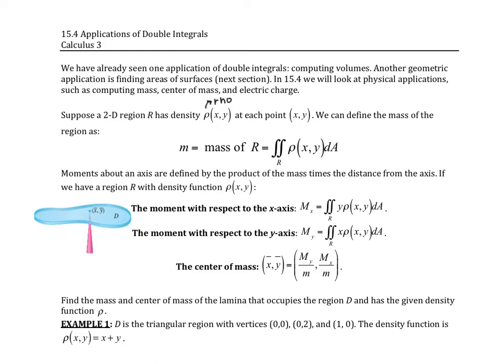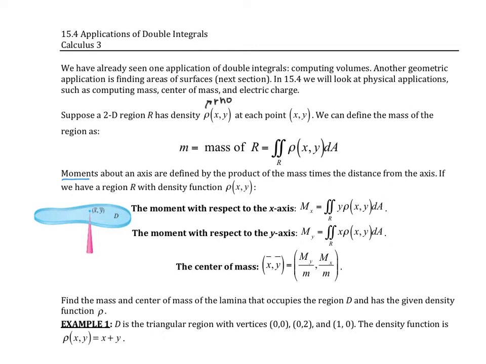Now, we also have something called moments. A moment about an axis is a measure of the tendency to cause the body to rotate about a specific point. So moments about an axis are defined by the product of the mass times the distance from the axis of rotation.